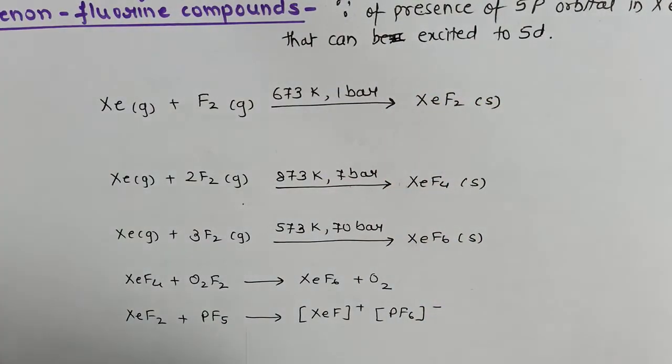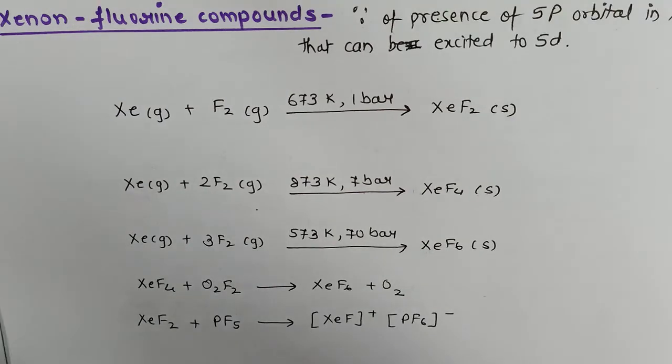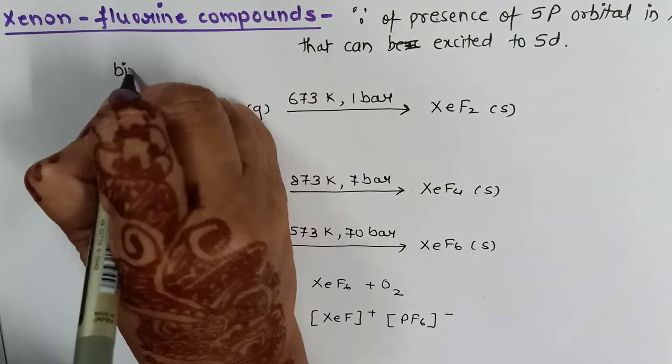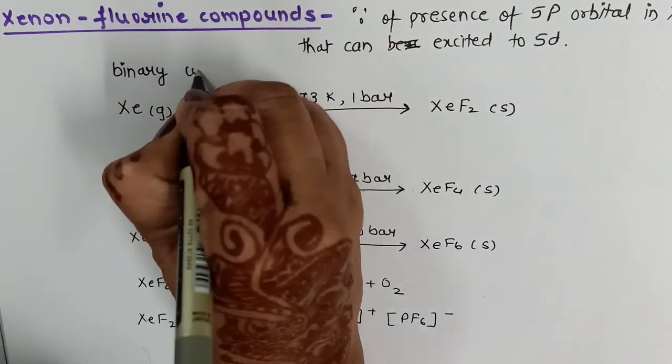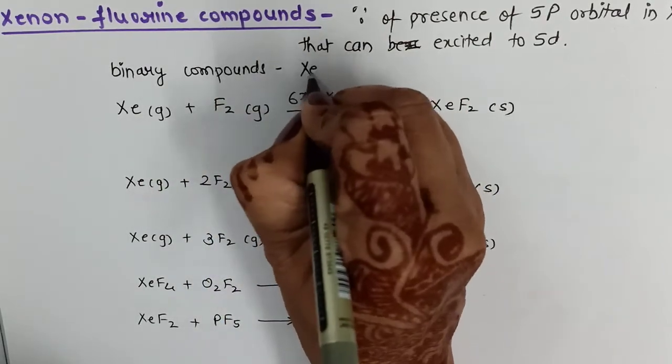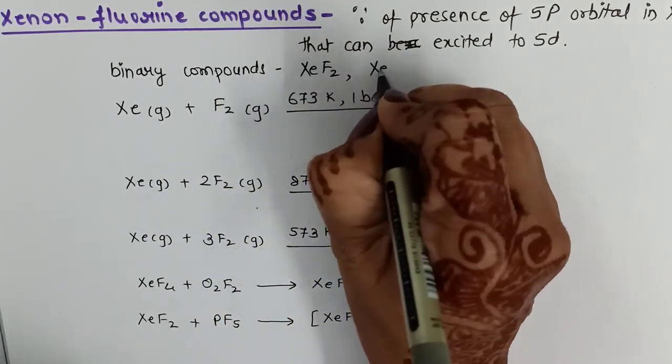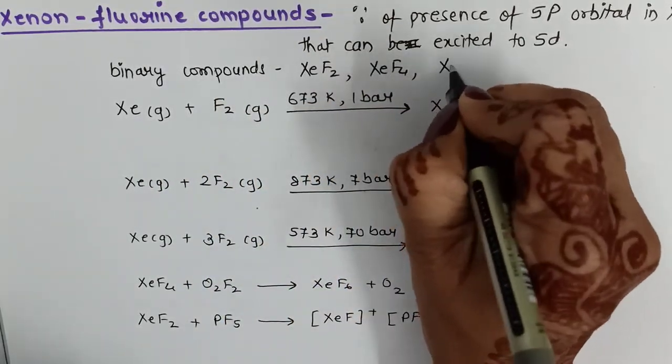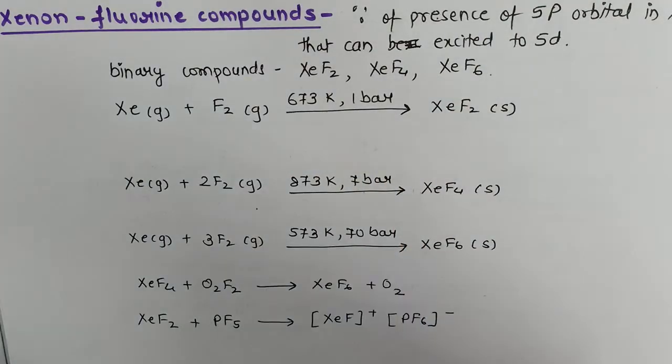And therefore xenon and fluorine compounds are known. So xenon and fluorine basically form binary compounds like xenon difluoride, xenon tetrafluoride and xenon hexafluoride, etc.